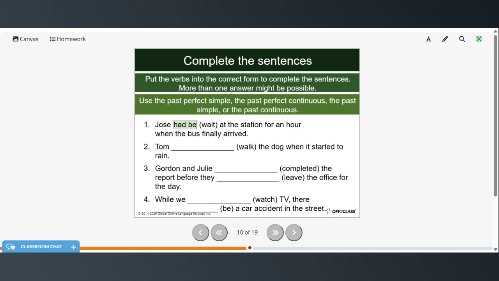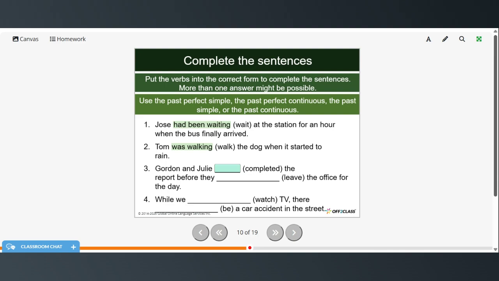Jose had been waiting at the station for an hour when the bus finally arrived. Tom was walking the dog when it started to rain. Gordon and Julie had completed the report before they left the office for the day.